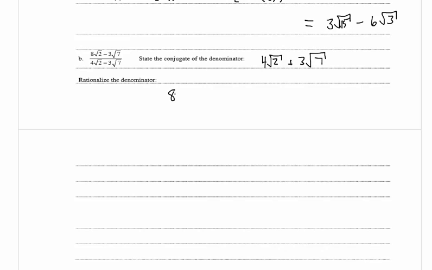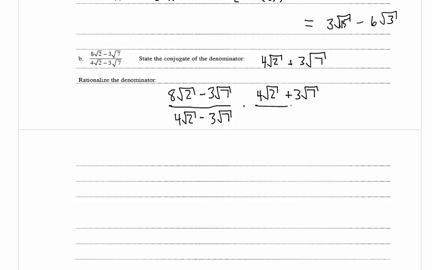So we have 8 square root of 2 minus 3 square root of 7 divided by 4 square root of 2 minus 3 square root of 7 times 4 square root of 2 plus 3 square root of 7 divided by 4 square root of 2 plus 3 square root of 7.